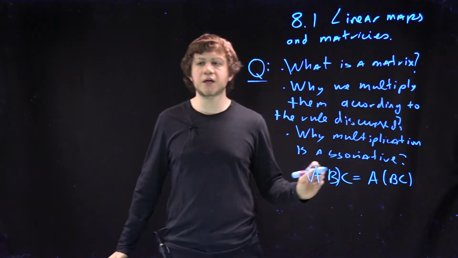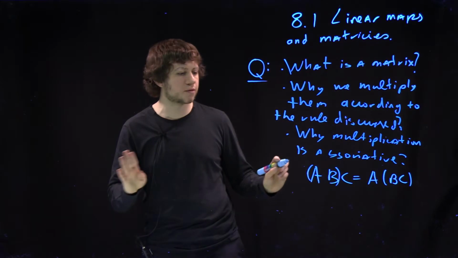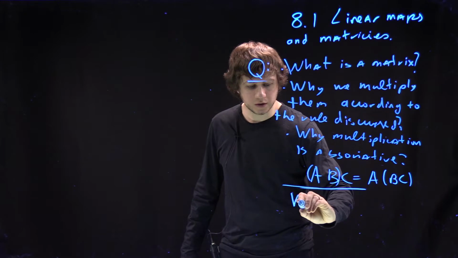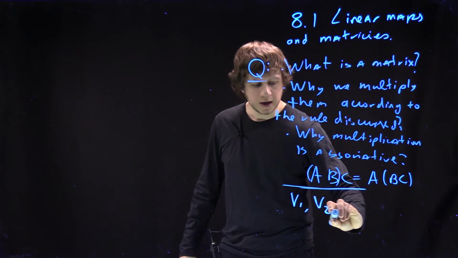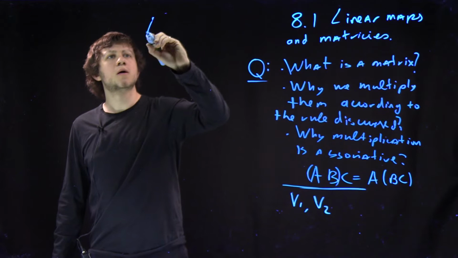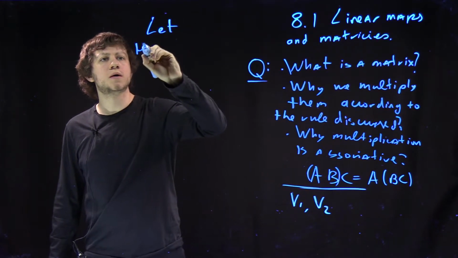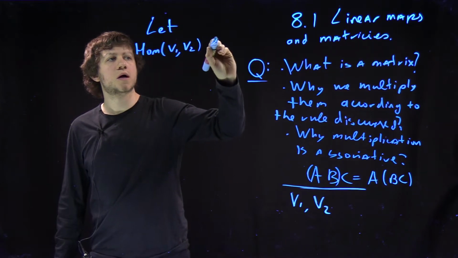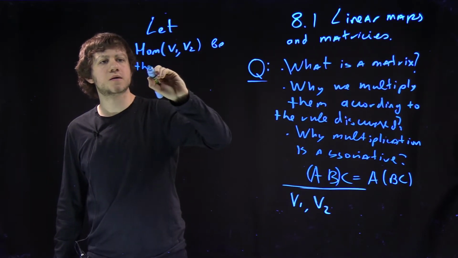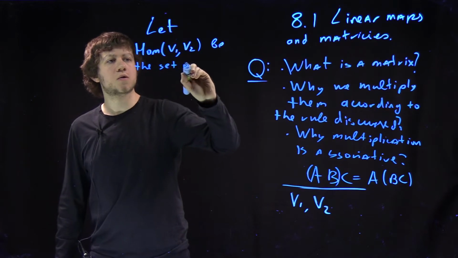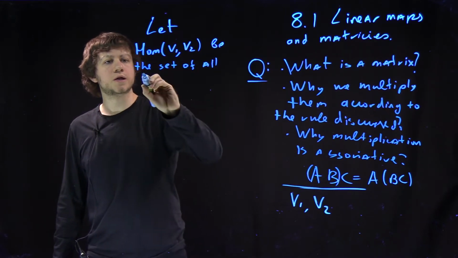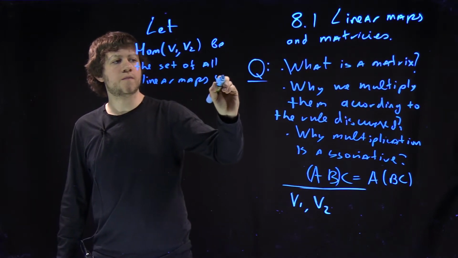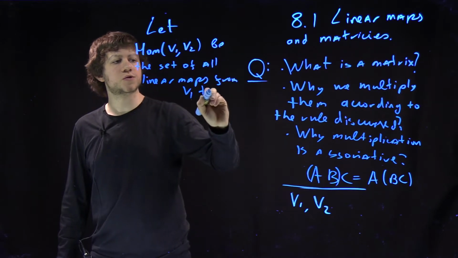So before that, let me talk very briefly about what you can do with linear maps. So suppose you have spaces V and W, or maybe V1, V2, and then one can look at Hom(V1, V2), the set of all linear maps from V1 to V2.